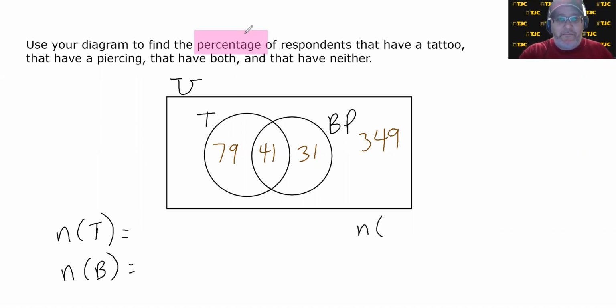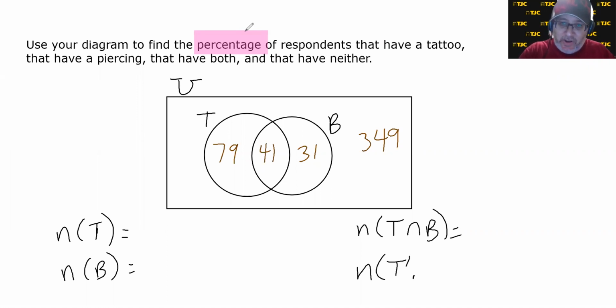When they say both, that means tattoo and body piercing. And you see I accidentally stuck a P in there for body piercing. So if they have both, that means they belong to the intersection. And have neither. So not a tattoo and not a piercing.